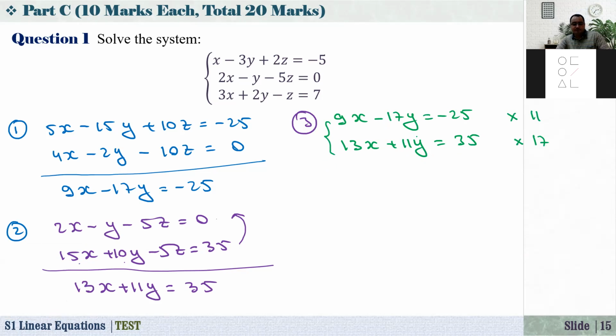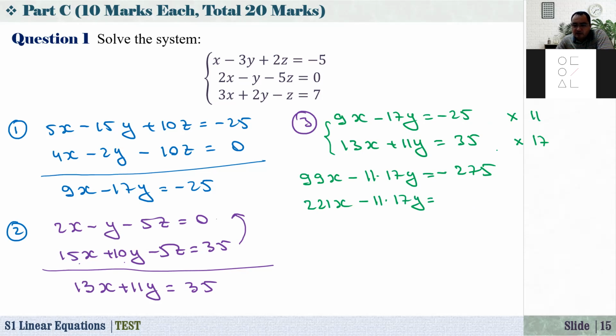If you do so, 11 times 9 is 99, so 99x minus 11 times 17y. I don't even have to multiply this, because after all, we are going to cancel it out. And 11 times 25, 10 times 25 is 250, one more 25, it is minus 275. The second one, 13 times 17 is 221x, plus 11 times 17y.